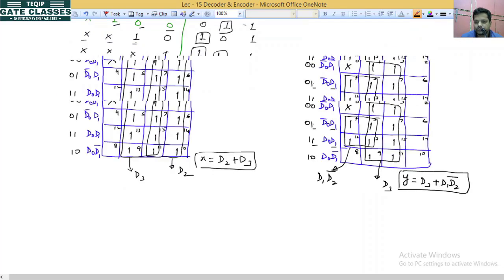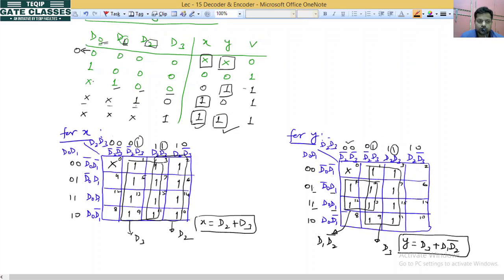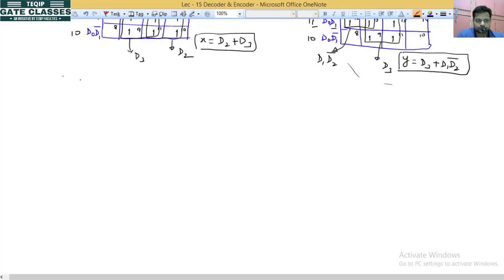Okay, now if you see here, how many combinations are we using now? We are using all the combinations. If you see, we have D0, D1, D2, D3. You have to apply a NOT gate on D2 only.